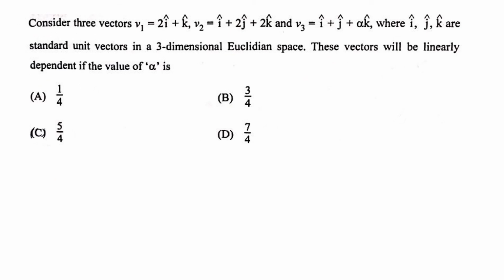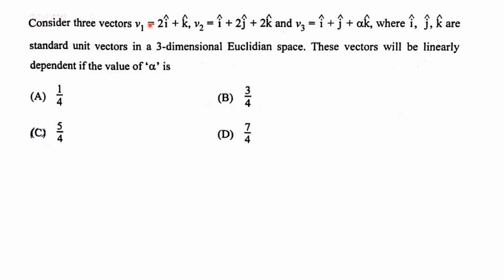Next question is, consider three vectors. nu1 is equal to 2i plus k, nu2 is equal to i plus 2j plus 2k, and nu3 is equal to i plus j plus alpha k, where i, j, k are standard unit vectors in a three-dimensional Euclidean space. These vectors will be linearly dependent if the value of alpha is.